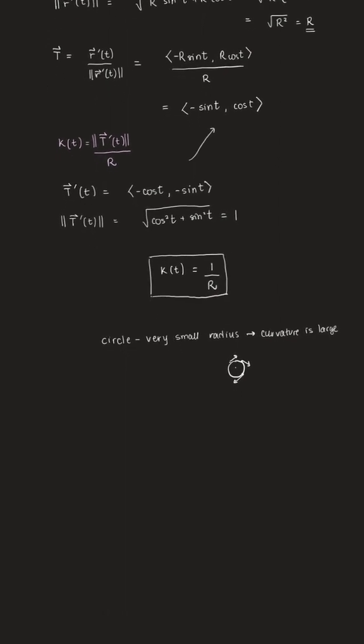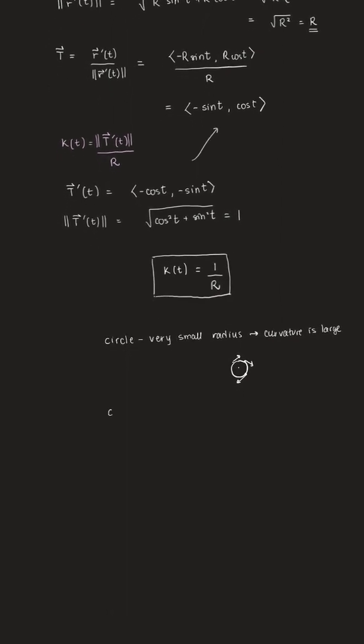Now, if my circle has a very large radius, then the curvature should be quite small because of this relationship. If I do 1 over a very large number, it will be a very small number. So curvature is small.